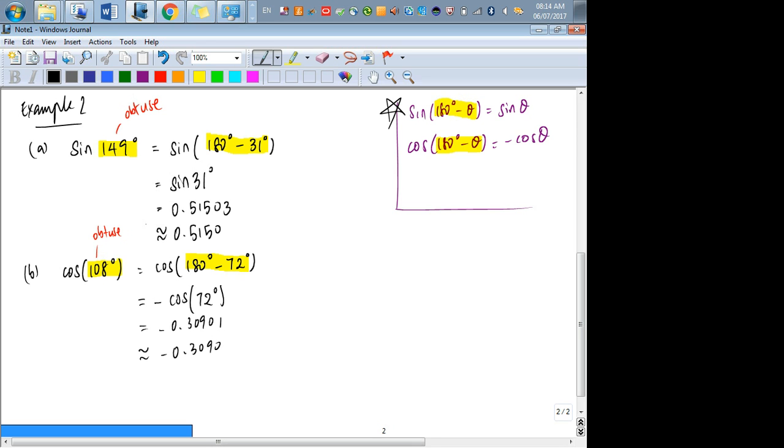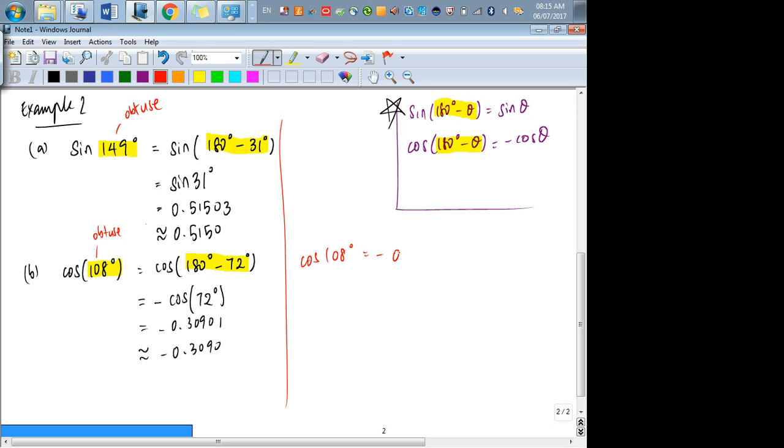This is just practice for you only, because in reality, when I ask you for cosine 108 degrees, what are you going to do? Are you going to do this, or are you just going to press cosine 108 on your calculator? Probably you're going to do that, right? Why don't you try it now, cosine 108? And what do you get?